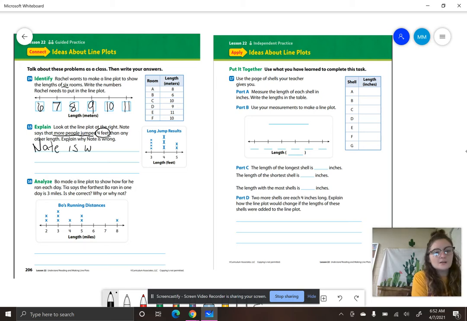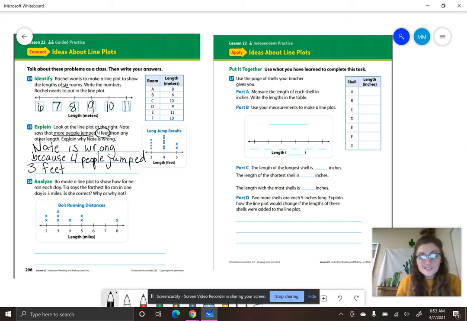So we would say Nate is wrong because 4 people, ooh, there's a trick word, jumped 3 feet. You could also say Nate is wrong because the X's for 4 feet are bigger than the X's for 3 feet and 5 feet.